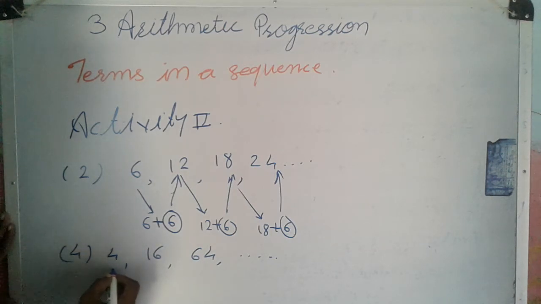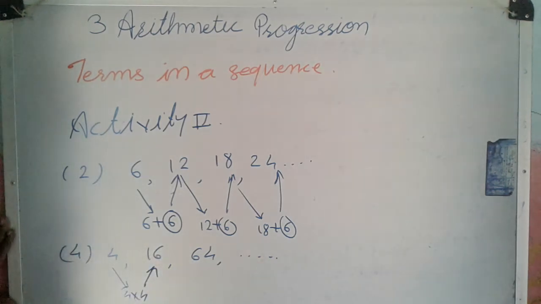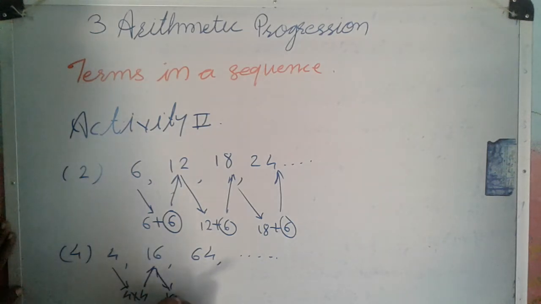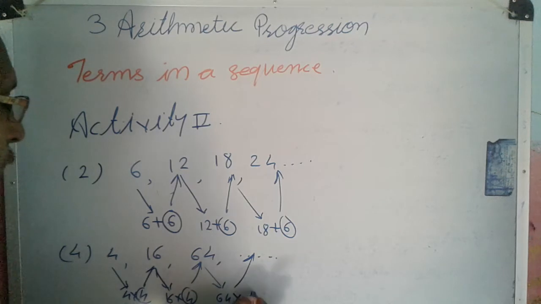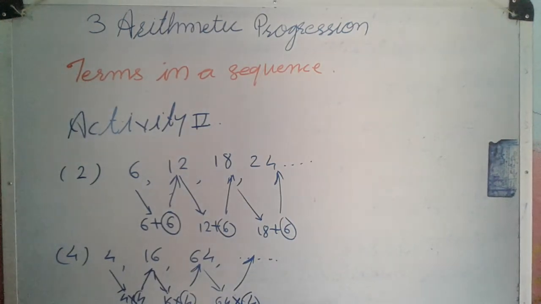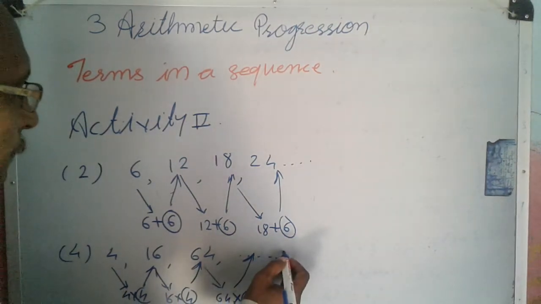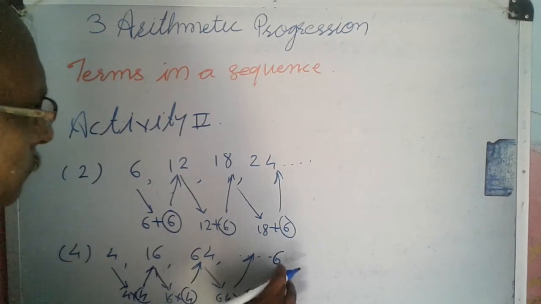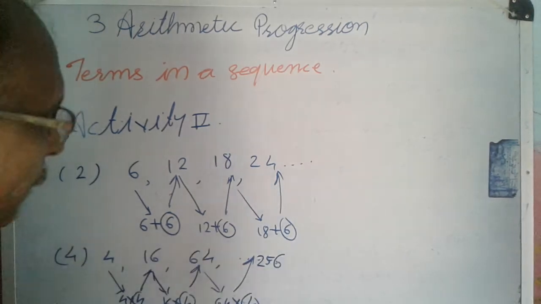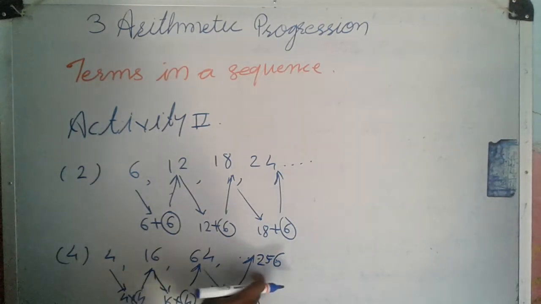That is 4 into 4, we get 16. 16 into 4, we get 64. 64 into 4, we will get the next term, 256.